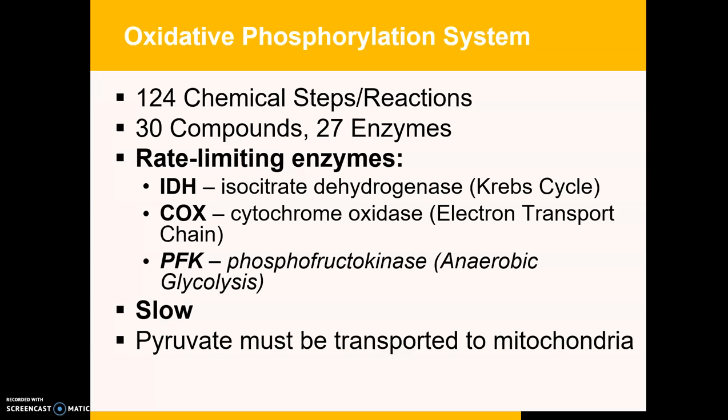Once the reaction progresses to pyruvate, the pyruvate molecule must be transported into the mitochondria for oxidative phosphorylation to proceed. In addition, oxygen must be transported from the lungs via the blood and through the muscle cells into the mitochondria to be available to pick up the electrons.